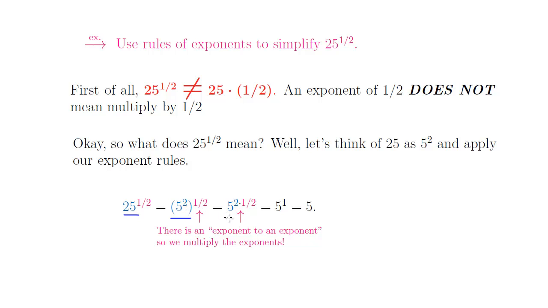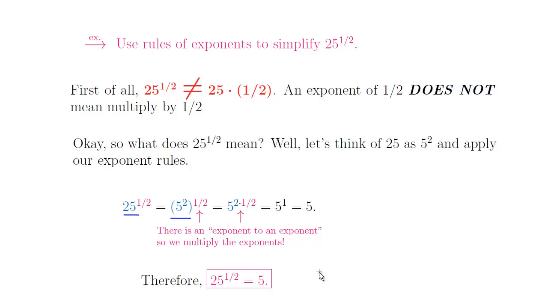So what we have is 5 raised to the product of 2 times 1/2. 2 times 1/2 we know is just 1. And so this is the same thing as saying 5 raised to the first power, or 5. Therefore, that means that 25 to the 1/2 is equal to 5. 25 raised to the 1/2 power equals the number 5.